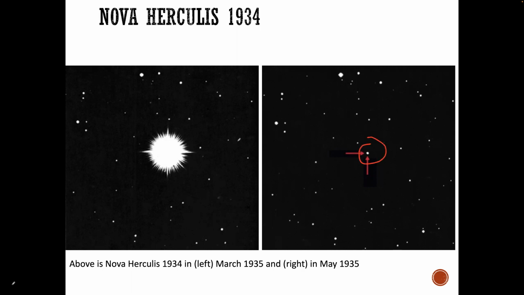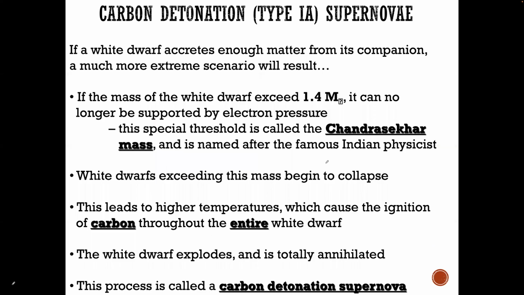So it has gone through this process to have a nova and brighten up. And then once all the materials are over and the fusion reactions are over, it has come back to the same position as a normal star, right? So this is an example of a nova, right?